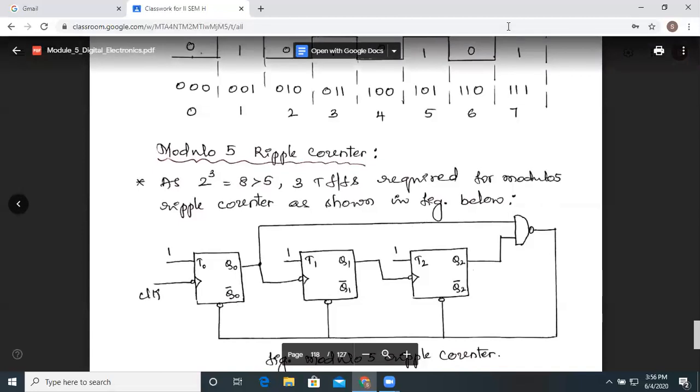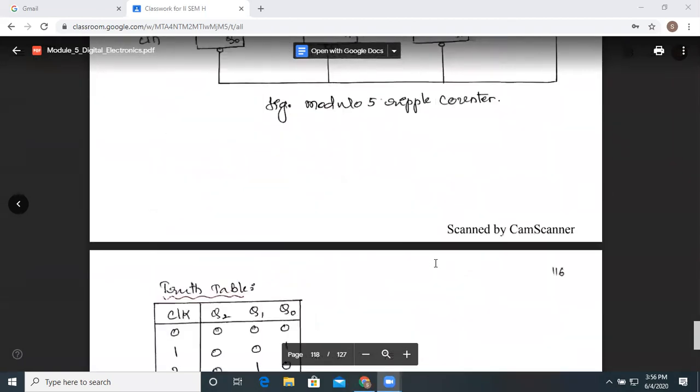This is not mentioned here, but all these represent the clear input of the flip-flop. If C is 0 over here, then what happens? It is going to clear the flip-flop, so it is going to count only the 5 clock pulses.